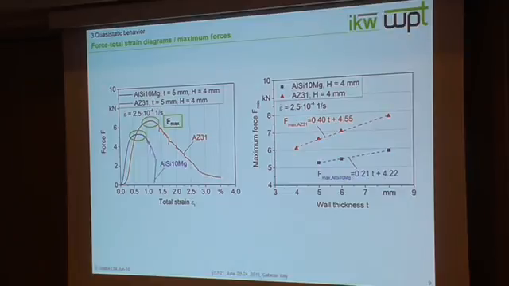As you can see, we got linear regressions between maximum force and wall thickness that have a very high correlation coefficient. As a first result, maximum forces of magnesium alloys are higher than those of aluminium.